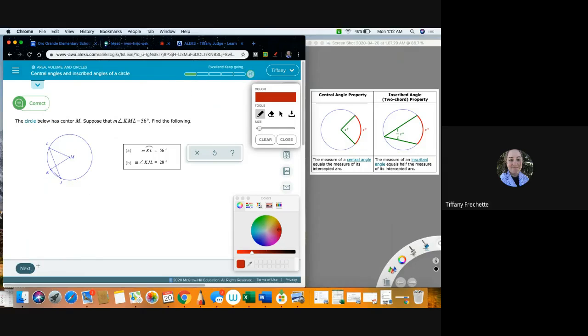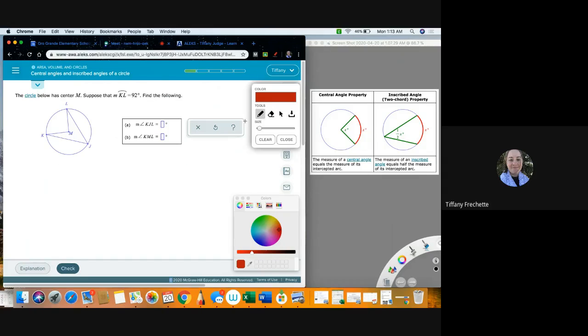All right, next. I hope I actually had my cursor tool selected there. Okay. So now they're telling us to suppose that this arc is 92 degrees. And they want us to find KJL. So this is an inscribed angle because it's going all the way to the side and it is the opposite side.